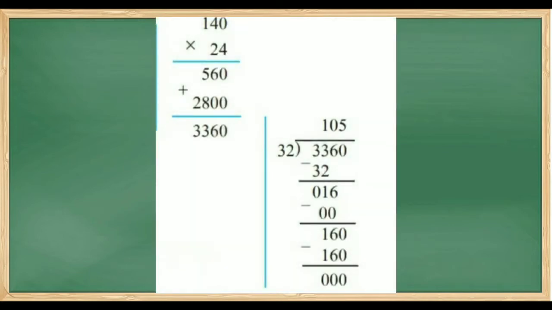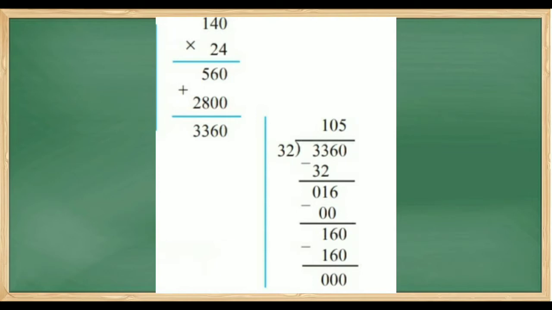So, at first, let's find out the total number of seedlings when there were 24 seedlings in each of the 140 trays. We shall multiply 140 and 24, the product of which gives us the total number of seedlings to be 3360.